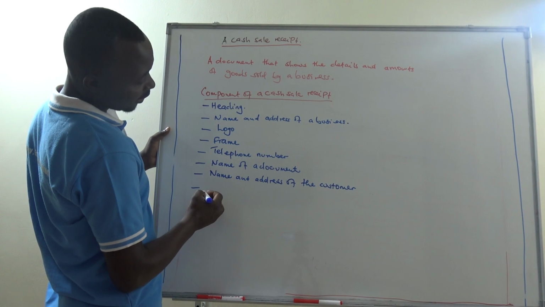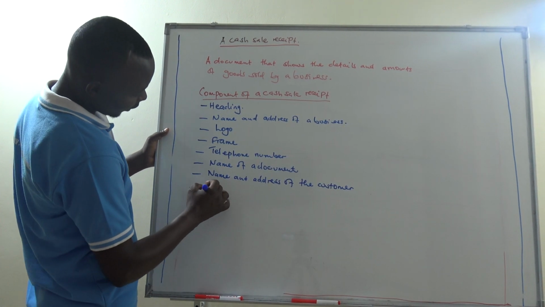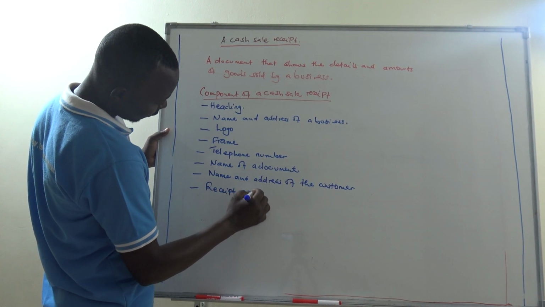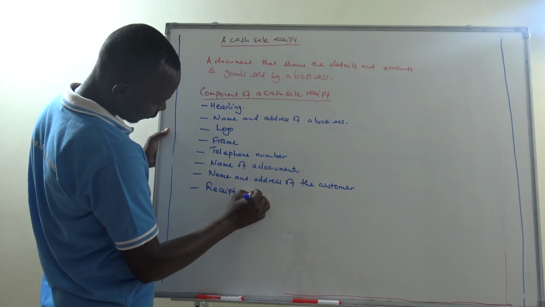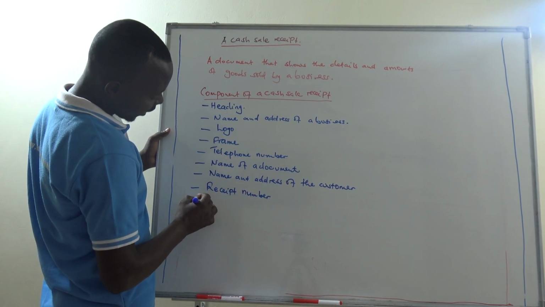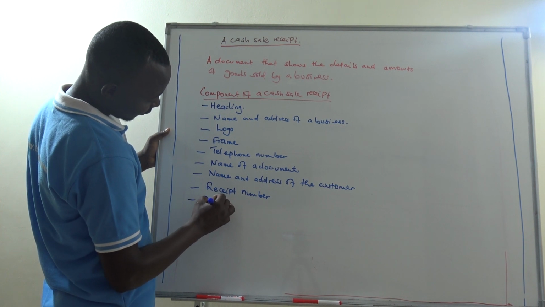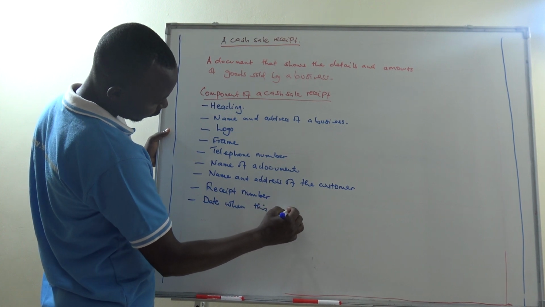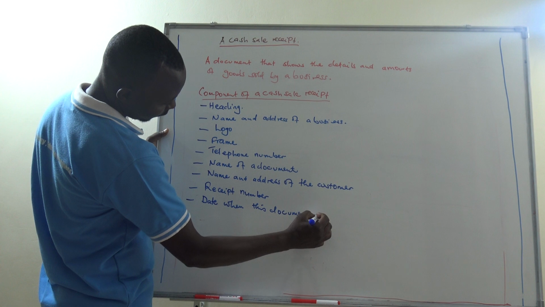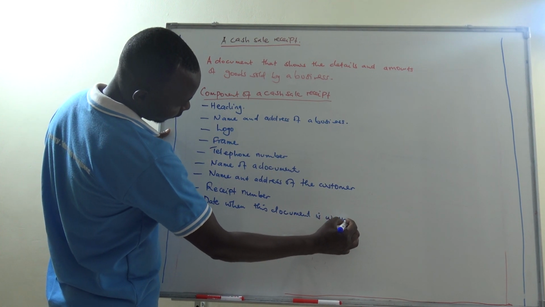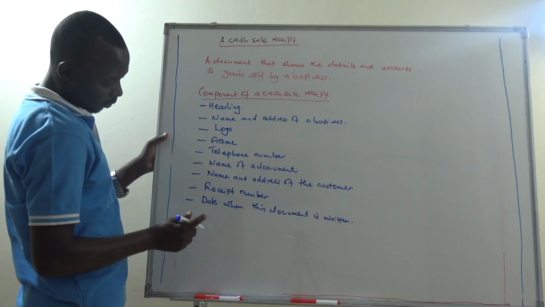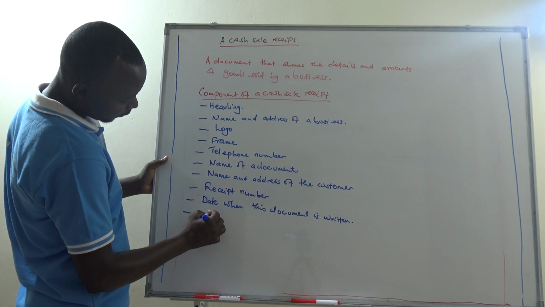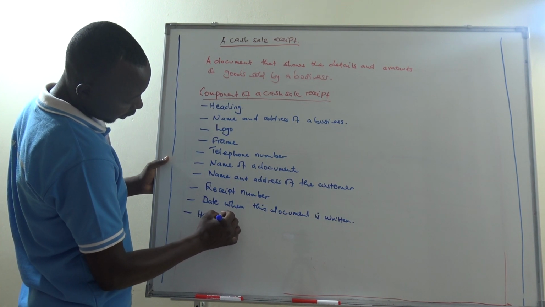We need the receipt number. We need the date when this document is written. We need the item column, item number column.